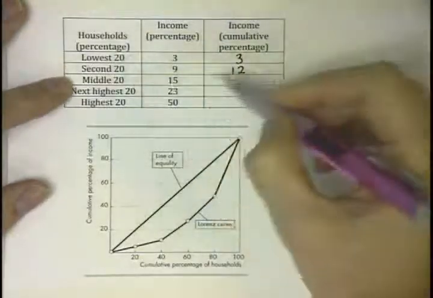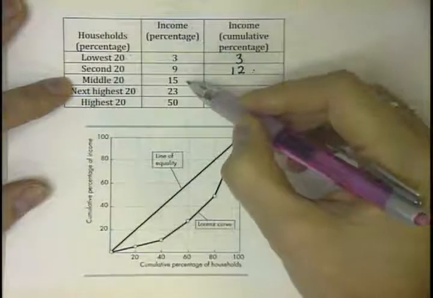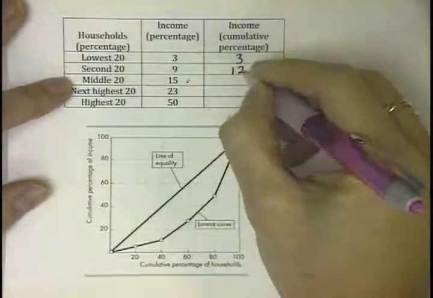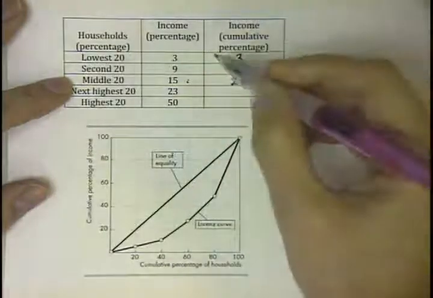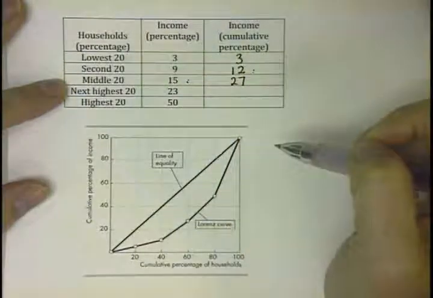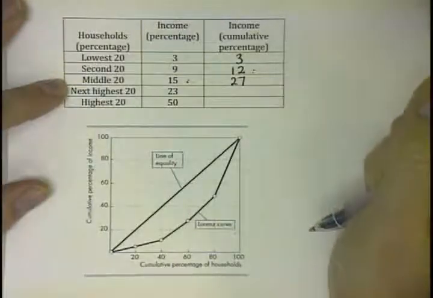If we wanted to continue this accumulation, we take this 12% and add to it the middle 20%, which is 15%. So 12 plus 15 would be 27%. So we could say the lowest 60% of households earn 27% of the total income earned in the country.